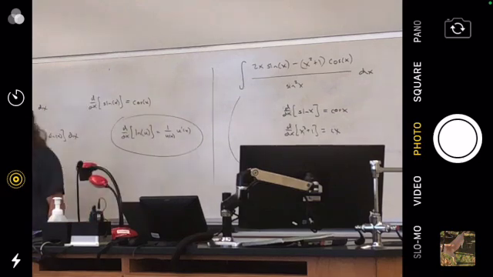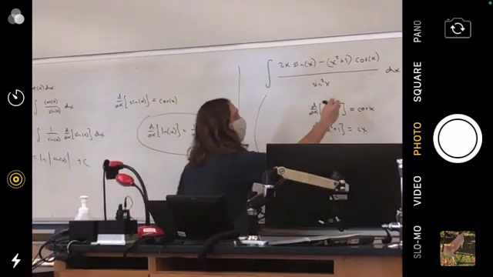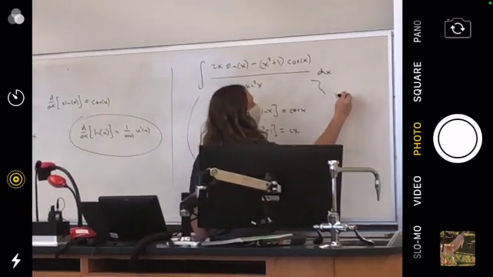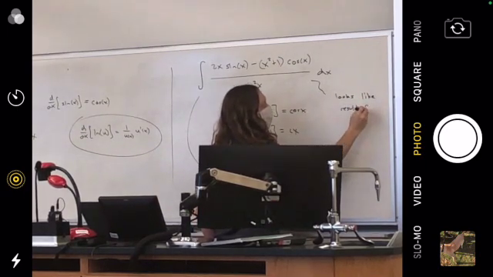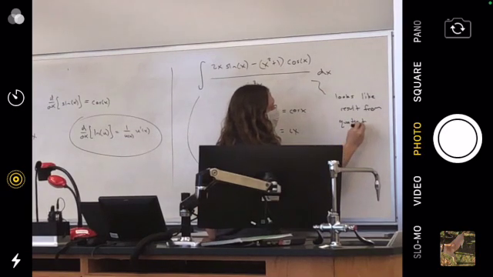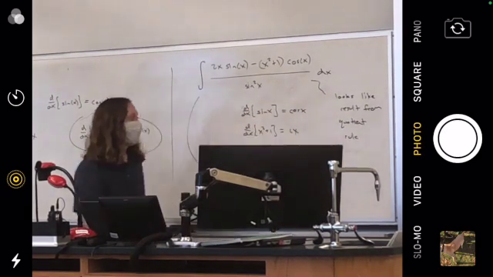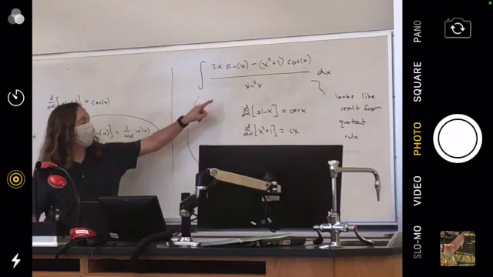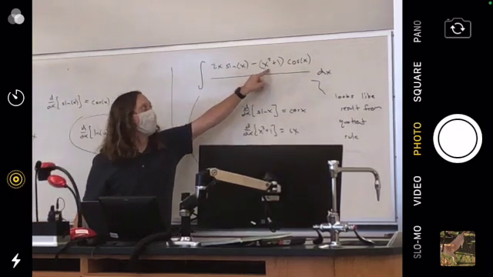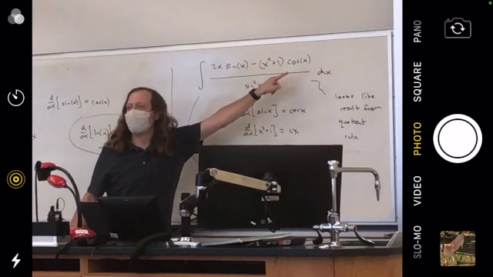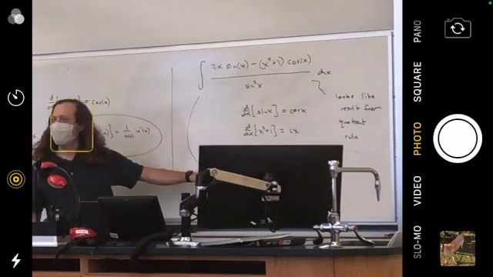Does it check? So the whole idea, holistically, is that this looks like the result from a quotient rule. So does this check? What does the quotient rule say? Take your bottom function, multiply by the derivative of the top, subtract the top function, multiply by the derivative of the bottom, all divided by the bottom squared.